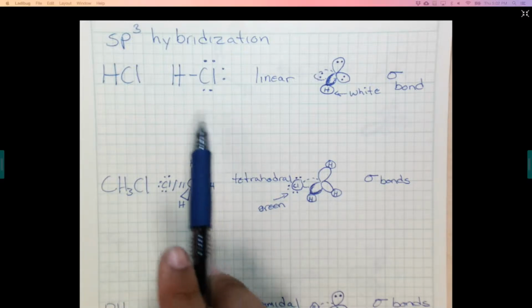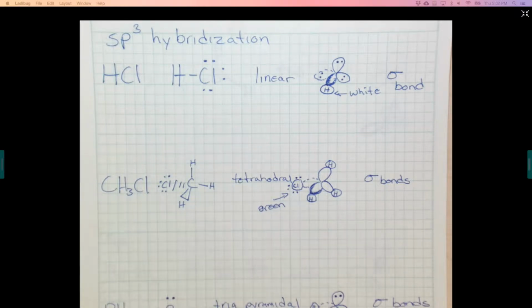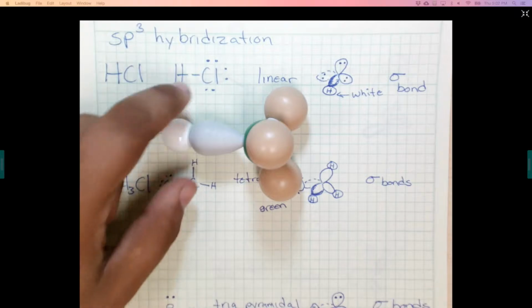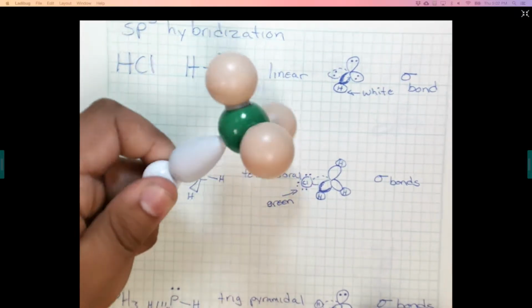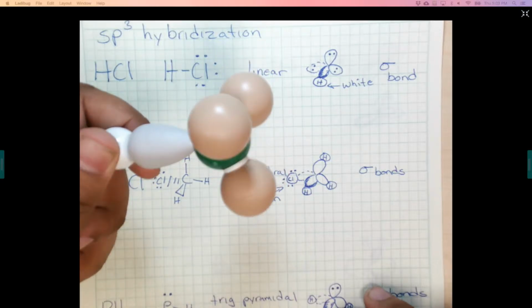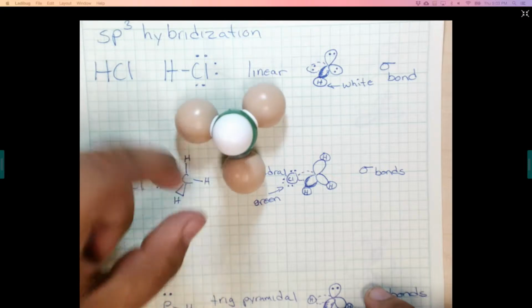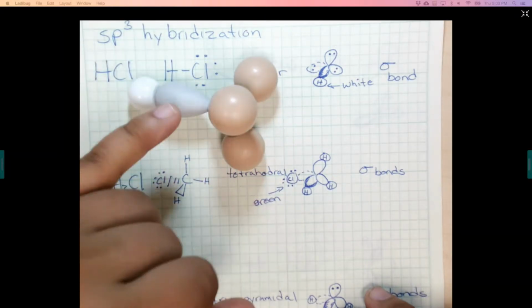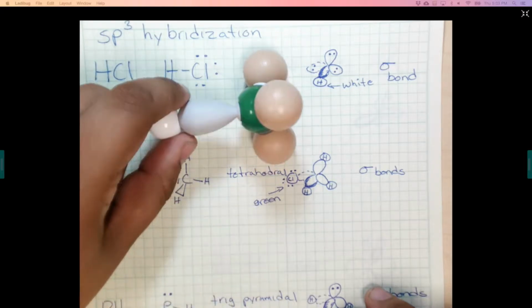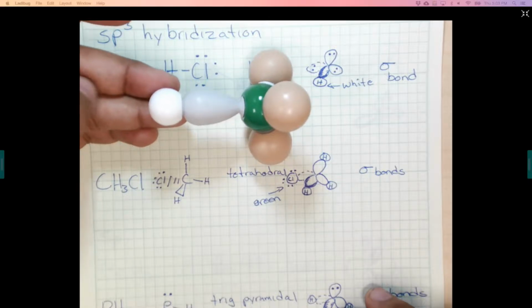This is linear. Remember, molecular geometry has to be linear for a molecule that only has two atoms. Now, what does that look like in a model? So here we have a model. What I'm showing you with the brown spheres are lone pair electrons represented on the green chlorine atom. We have tetrahedral geometry on the chlorine atom, and we see the sp3 lobe extending from that chlorine and bonding with the hydrogen, which is shown as the white sphere.